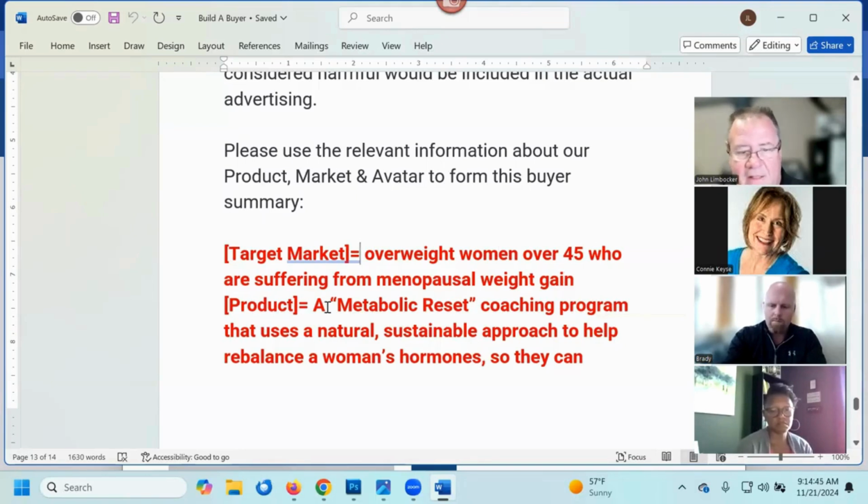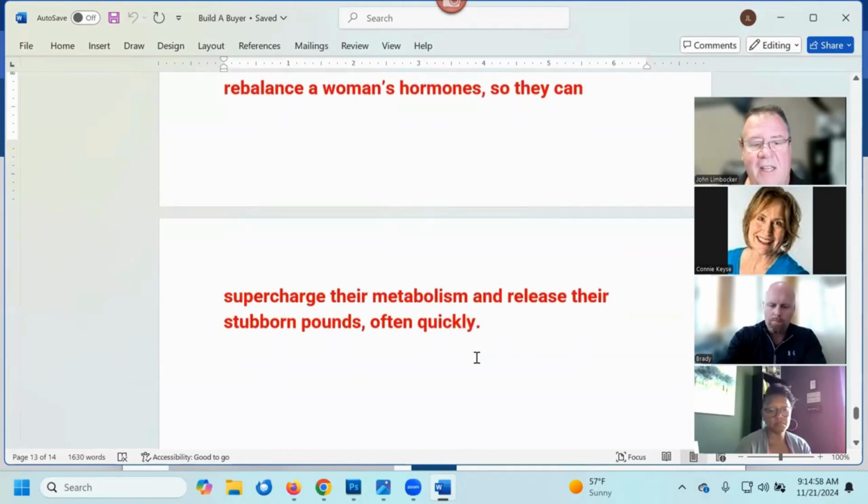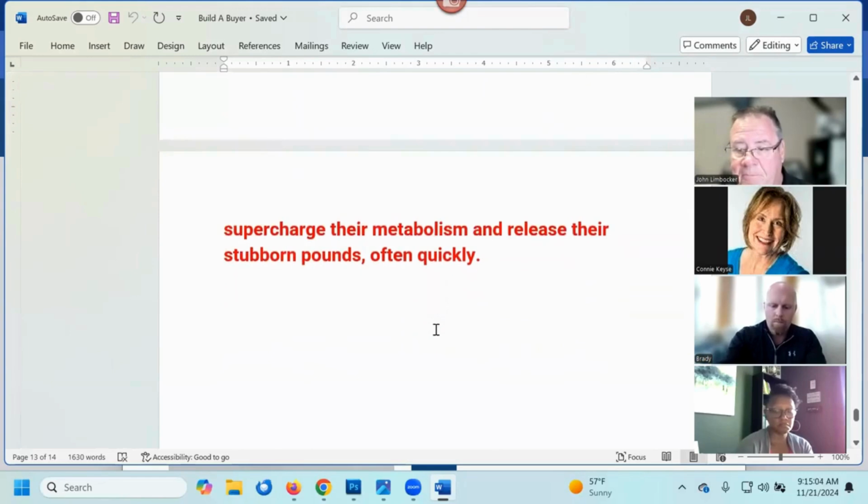The product, a metabolic reset. That's the name of the product. It's a coaching program that uses a natural, sustainable approach to help rebalance a woman's hormones so they can supercharge their metabolism and release the stubborn pounds, often quickly.